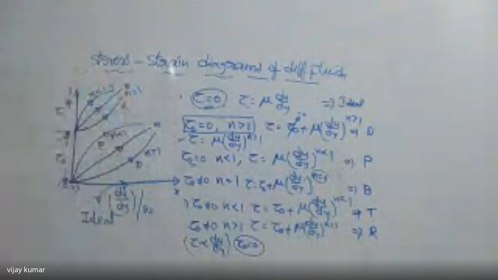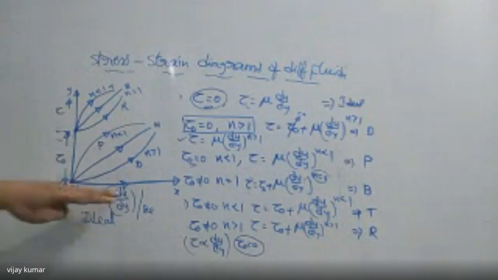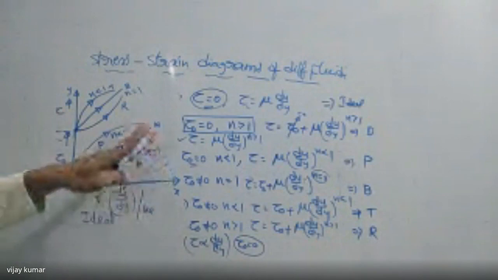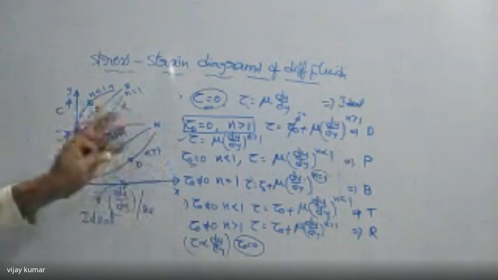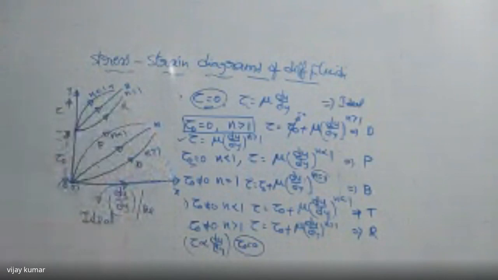So this is the stress and rate of shear diagram for different types of fluids in case of viscosity according to Newton's law. So here the horizontal line belongs to ideal fluid, but what about the vertical line? Vertical line means viscosity goes on increasing, and at a particular point it becomes a solid.